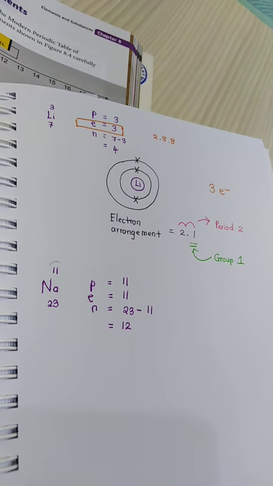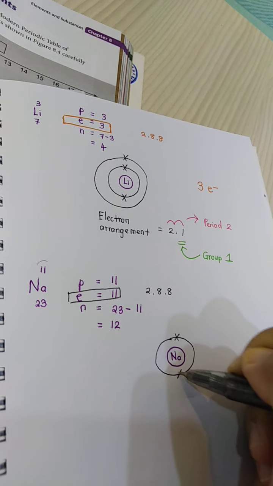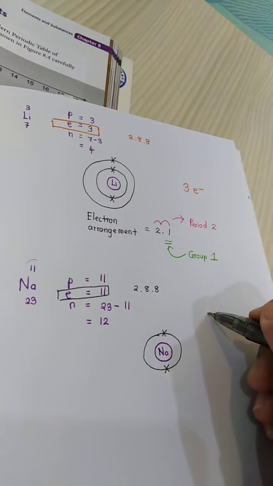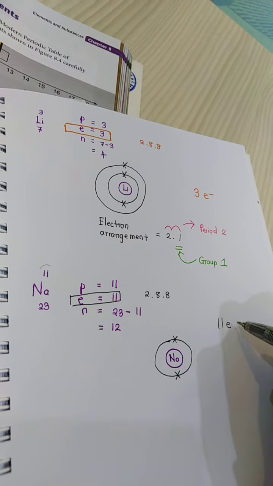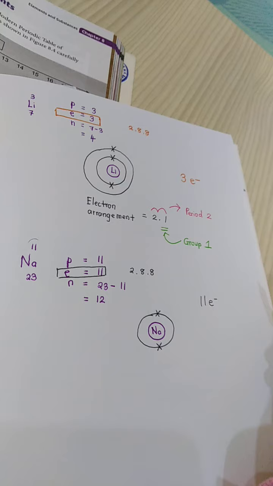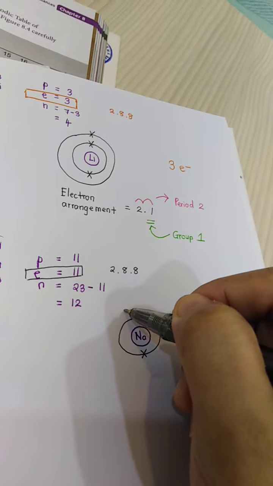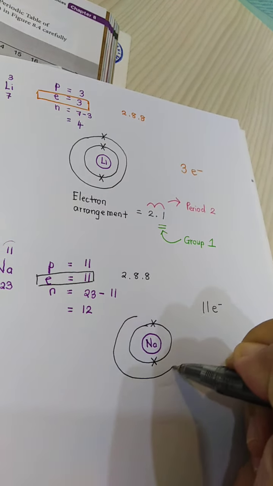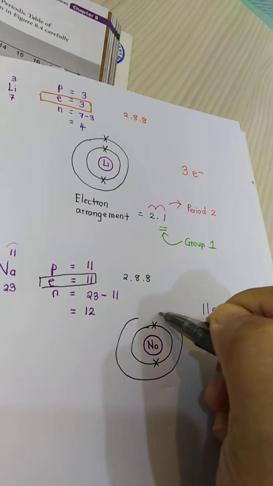So, like usual, I will draw the first electron shell occupied with 2 electrons. Total number of electrons for sodium is 11. 11 minus 2 is 9. So, I need to draw another, second shell. But remember, the second shell can only be occupied by 8 electrons.